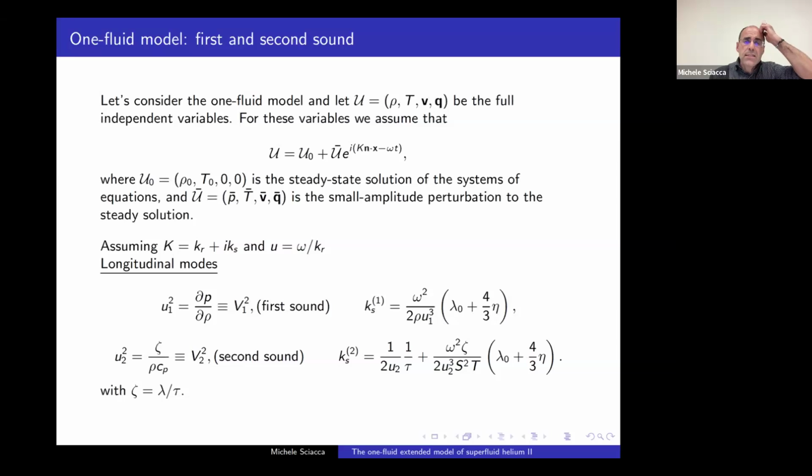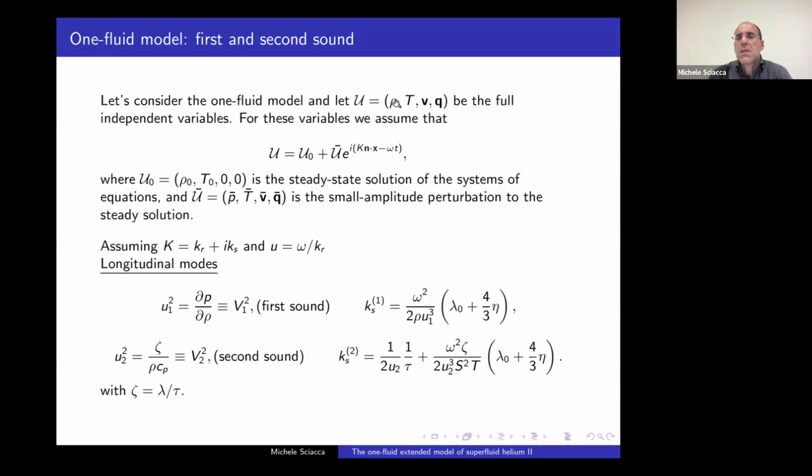The last two strange behaviors. If we consider the one-fluid model and we try to study, as we usually do in the two-fluid model, the perturbation of small amplitudes of the mean variables of your system, which in the two-fluid model are the normal component and the superfluid component in terms of velocity, density, and so on.